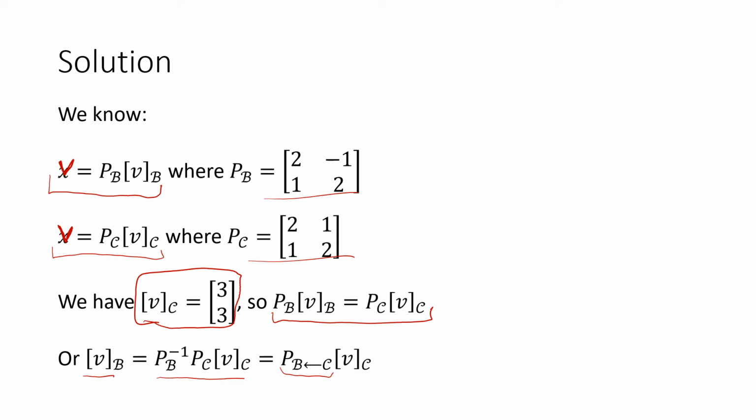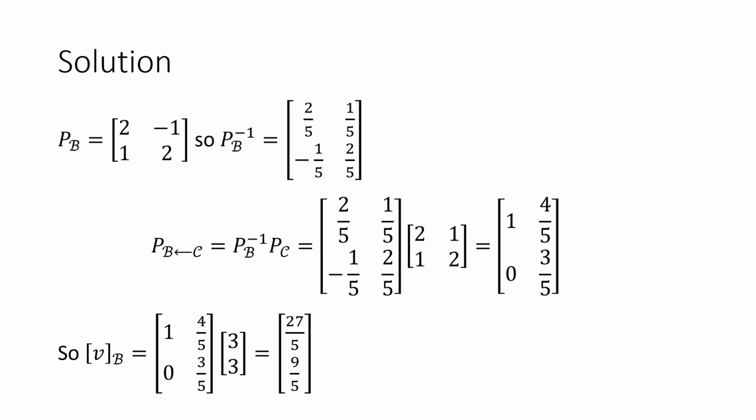Well, continuing on with that solution, that's PB. You can do a quick calculation using Cramer's rule or any other method to get the inverse of PB. Now we're looking for the matrix that translates coordinates in C into coordinates in B. You just multiply and you come up with that. Now you have the coordinates in C, and you want to translate into coordinates in B. There we go.